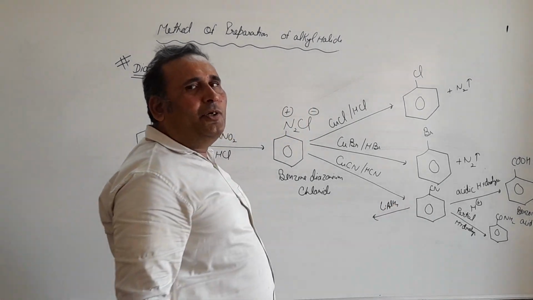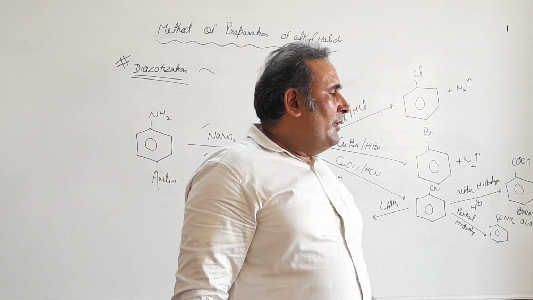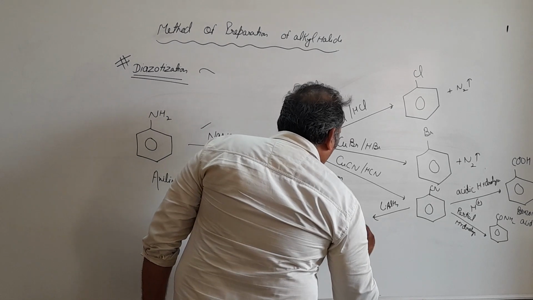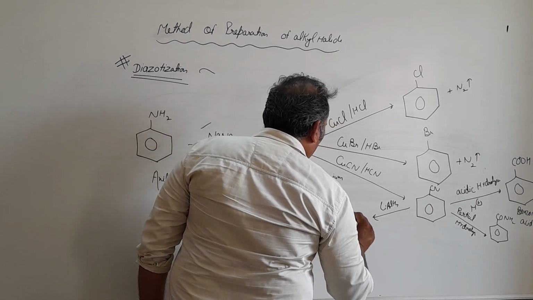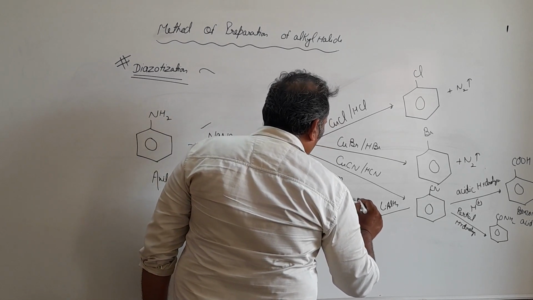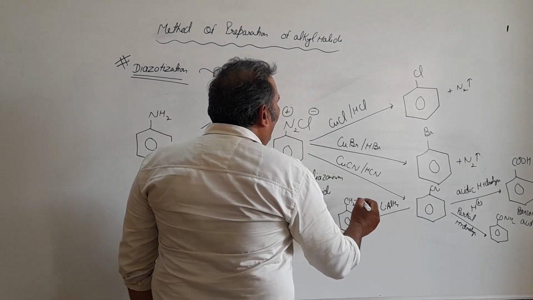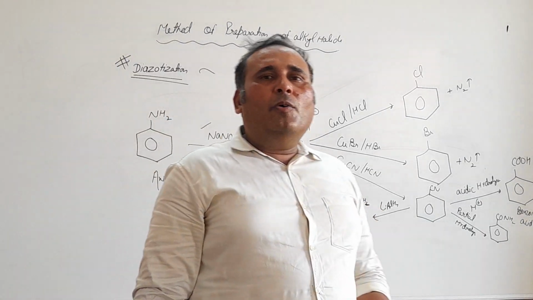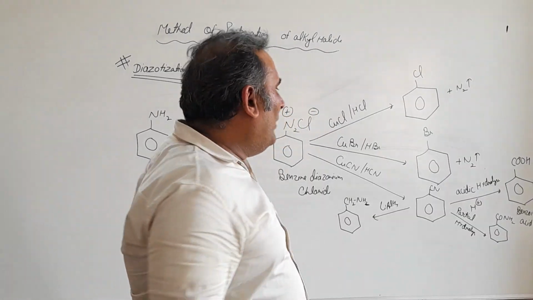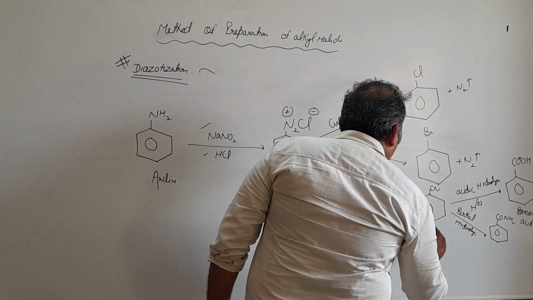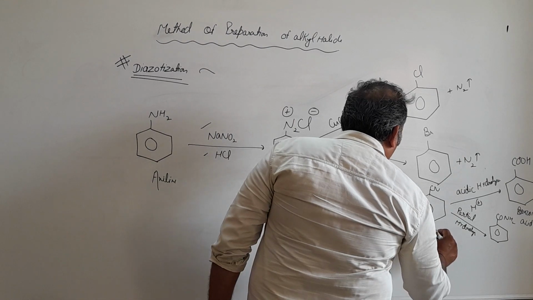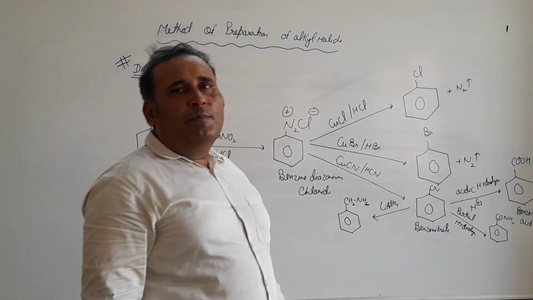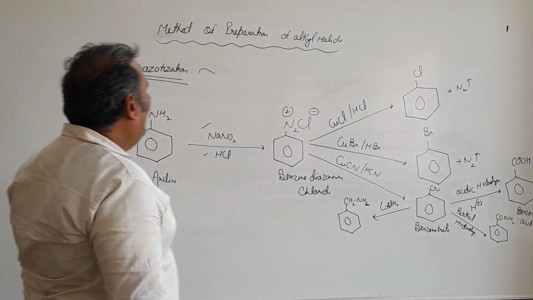If we do reduction of benzonitrile in the presence of LiAlH4, then we get an amine. So you can observe that a number of compounds can be prepared from benzonitrile.